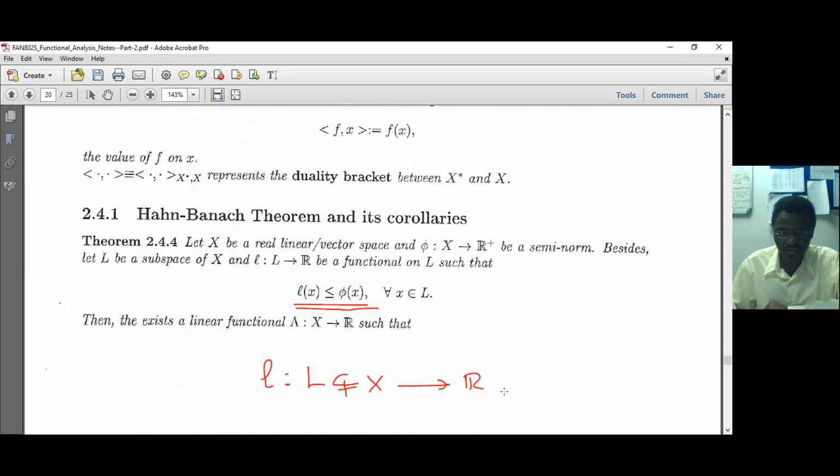We have that L is less than or equal to phi. If we could talk about the curve here, we say that the curve of L is below the curve of phi, and that is true for any x in the subspace.